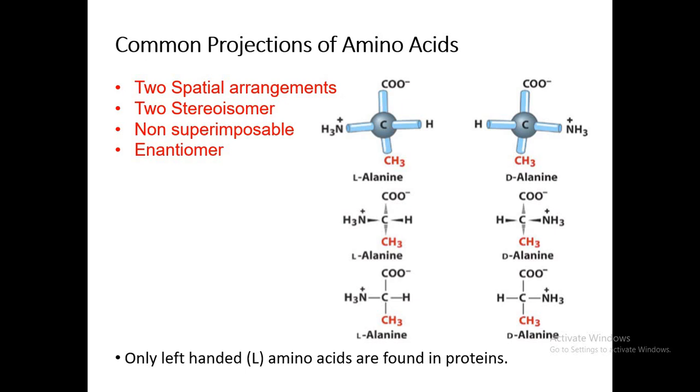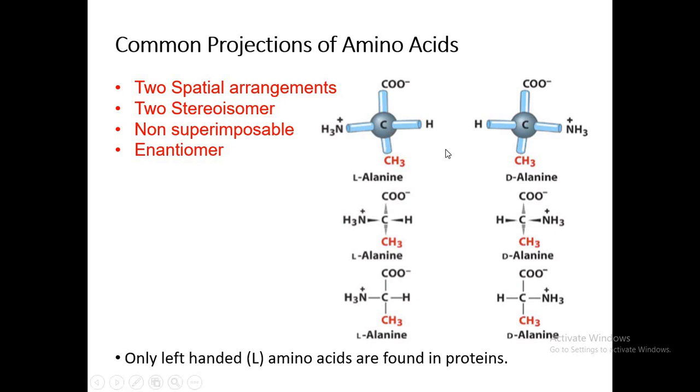What are stereoisomers? Stereoisomers are molecules that have all the same atoms in their structure, but the atoms have a different 3D structure or different arrangement in space. Why is this arrangement different?